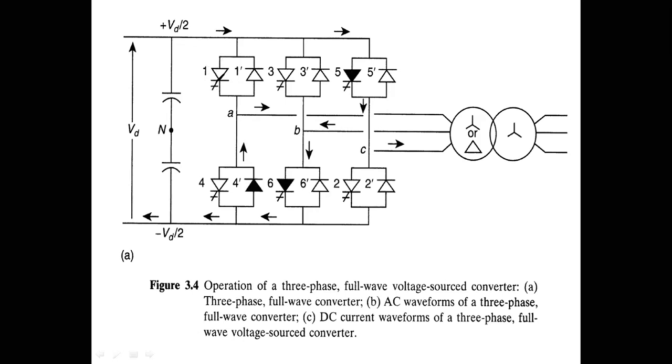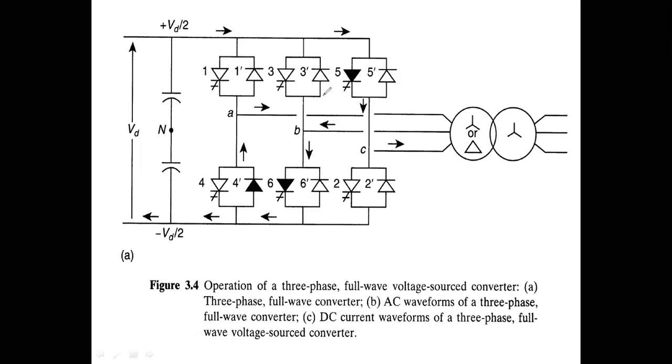These are called turn off devices. Here we use GTO, and other turn off devices are IGBTs, MTOs, and the integrated gate commutated thyristor IGCT. MTO is the MOS turn off thyristor, MOS being metal oxide semiconductor.